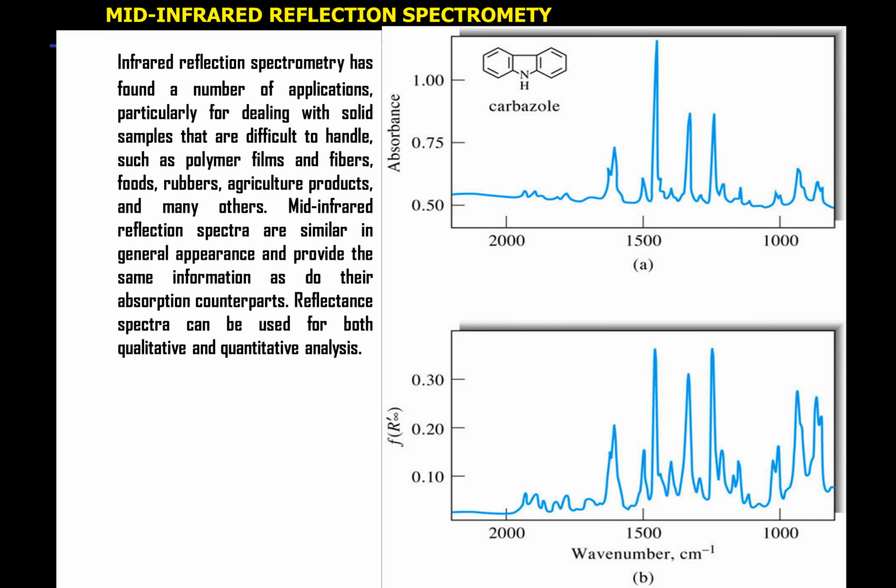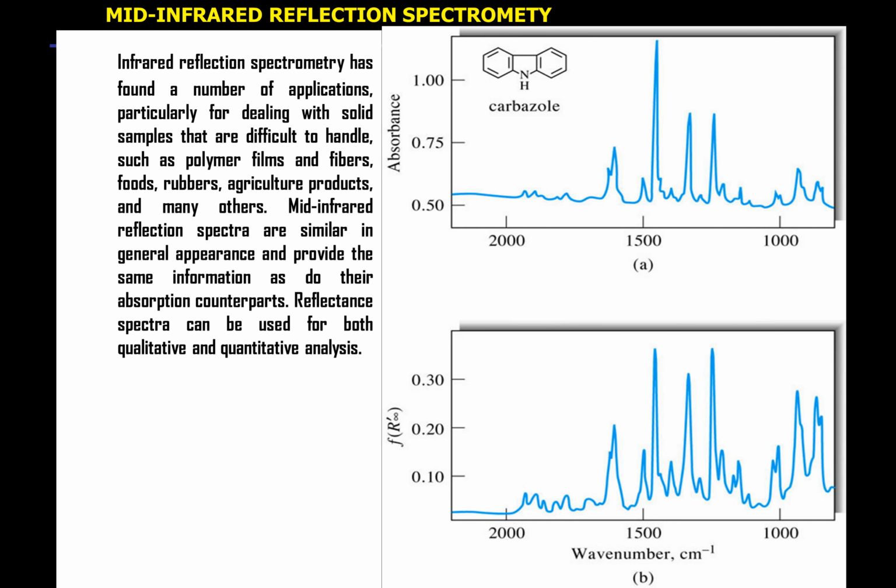Mid-infrared reflection spectrometry, not absorption. Now we are talking about reflection spectrometry, which has found a number of applications, particularly for dealing with solid samples that are difficult to handle, such as polymer films and fibers, foods, rubbers, agriculture products, and many others.